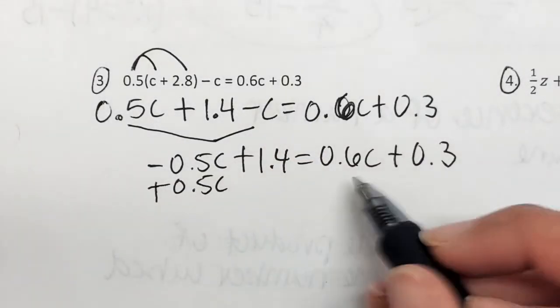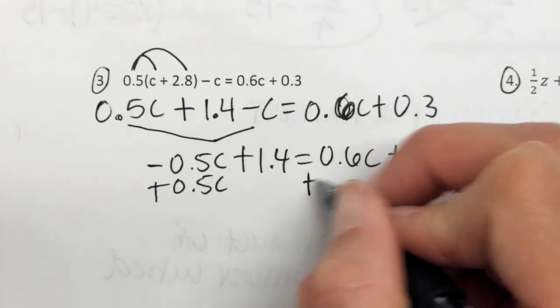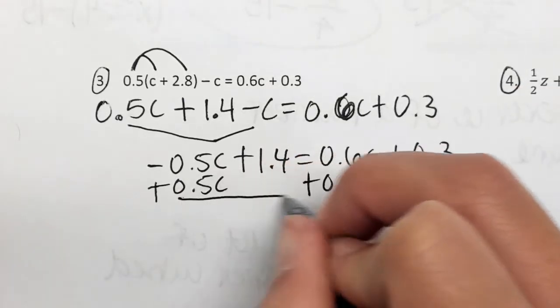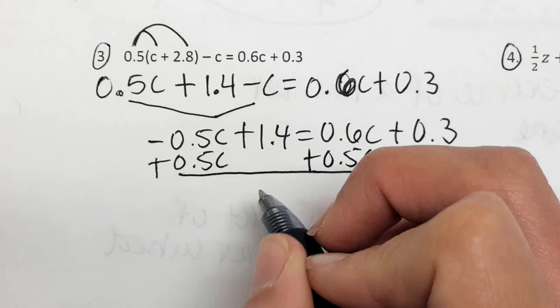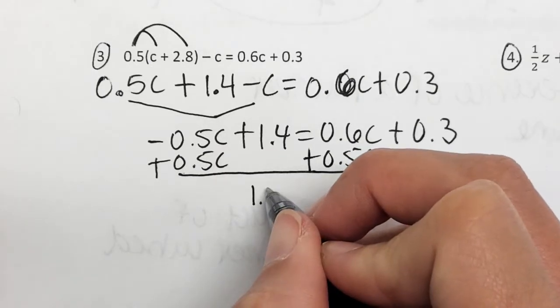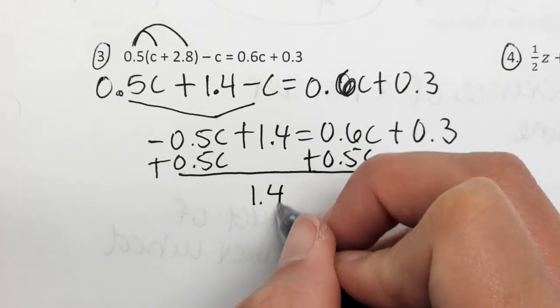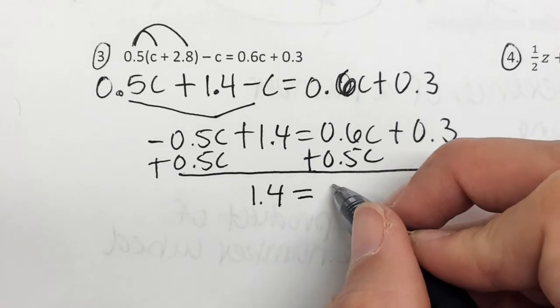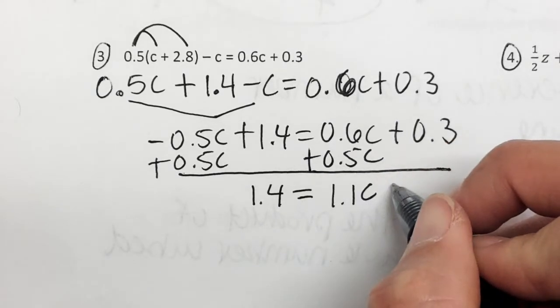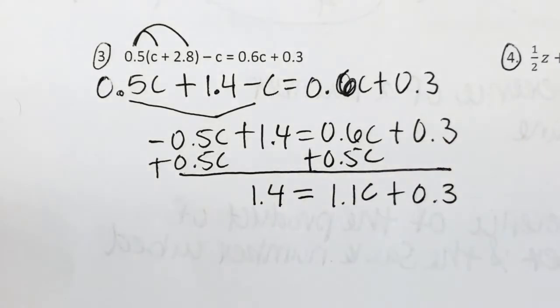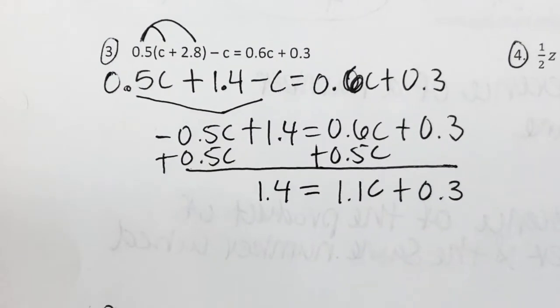Do I add it to both of these? No. Just the like term. Very good. So what would I have on my left side? 1.1c. Left side. 1.4. And on here? 1.1c plus 0.3. Alright, now we don't have an option. We have to do what? Good, because here's our c.